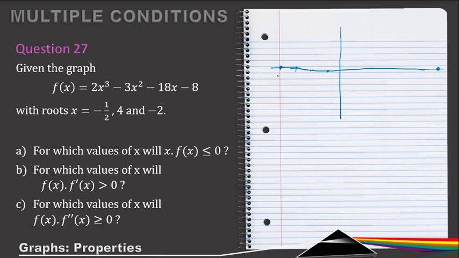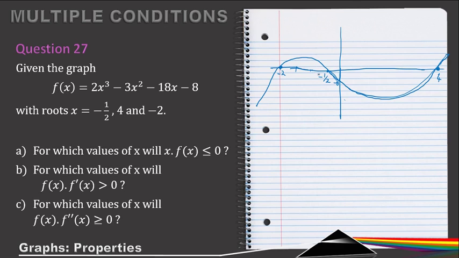Okay, and then the graph is positive, so it ends positive. So it's going to look something like this. Let me just do the rough sketch of it. Okay, so this is at -8, and then here we have -2, here we have -0.5, and here we have 4.